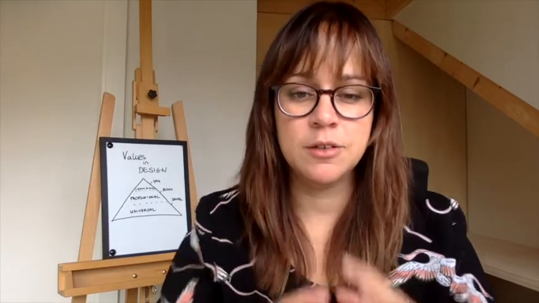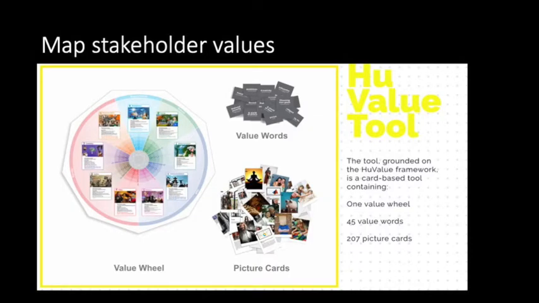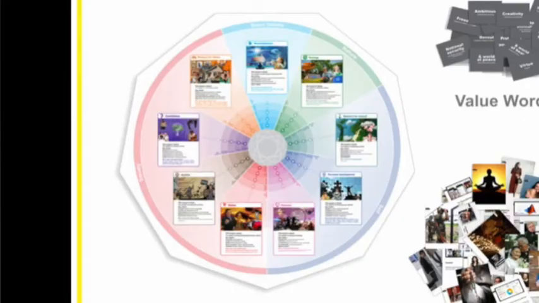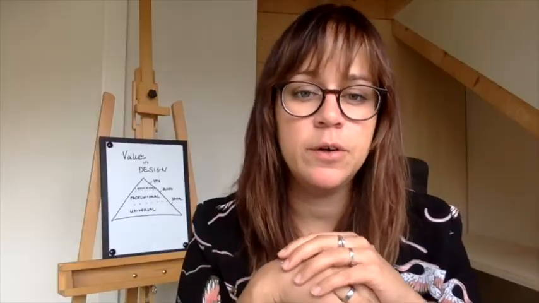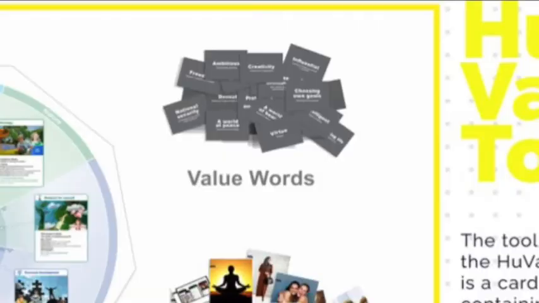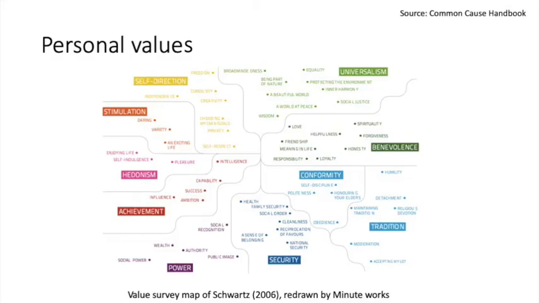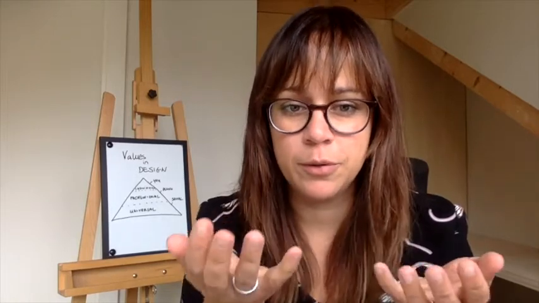And she made it into a concrete tool as well. You can find the tool on Blackboard. It's a sort of wheel where you can prioritize the values. And there are value words, similar to the map, and you can select them and see what they mean for your project.